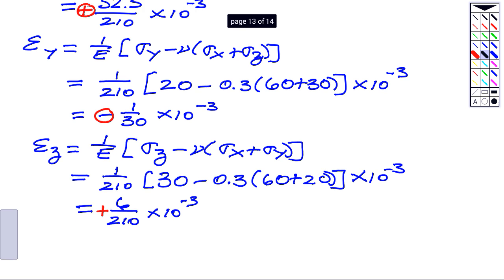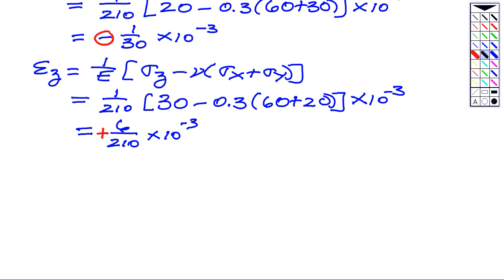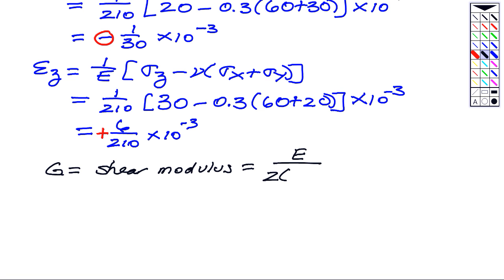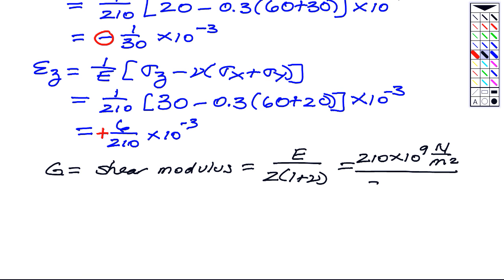In order to find the shear strains, we first need to find the shear modulus G. We know E and we know nu, and so we take E divided by 2 times the quantity 1 plus nu, so that's 210 times 10 to the 9th in pascals, divided by 2 times 1.3.